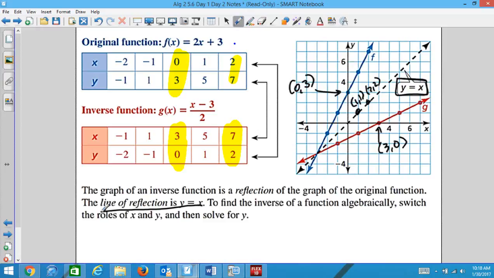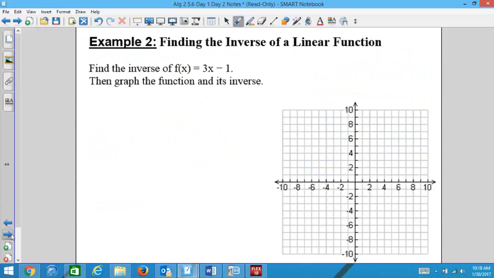Okay. So we're going to find the inverse. We're also going to graph the original and the inverse and the y equals x line. Let's just start by graphing the y equals x line. I would suggest pencil for what you're about to put on your paper.